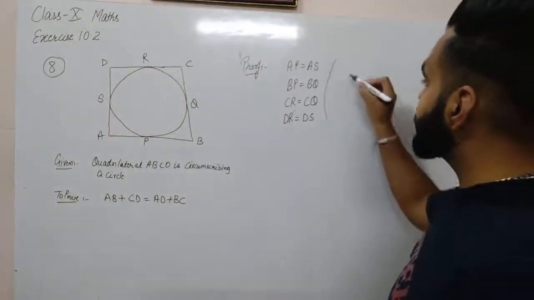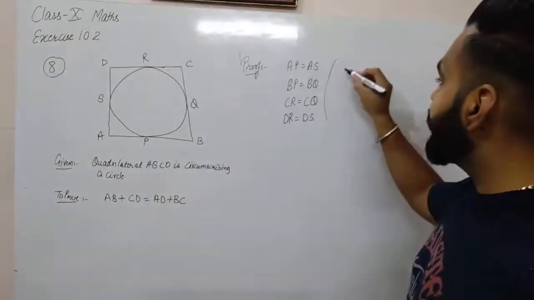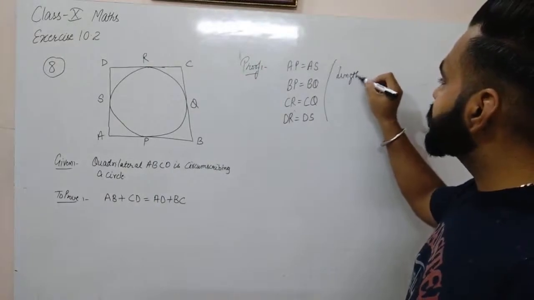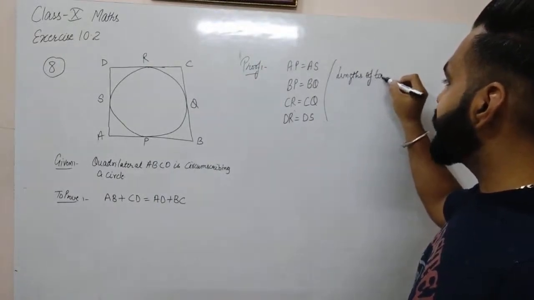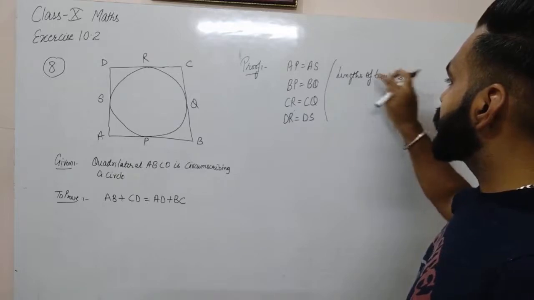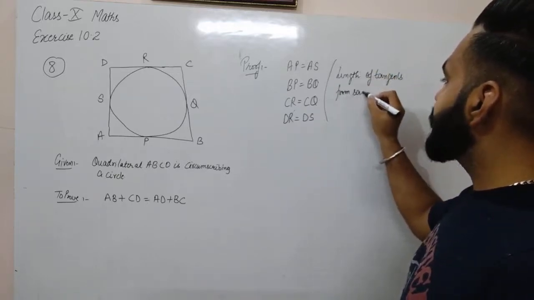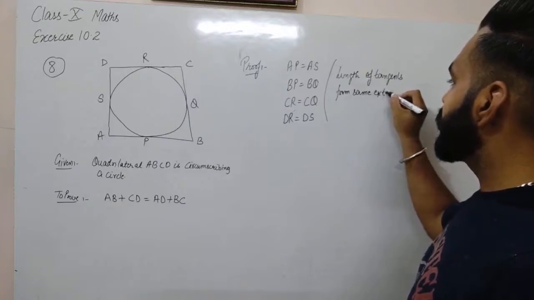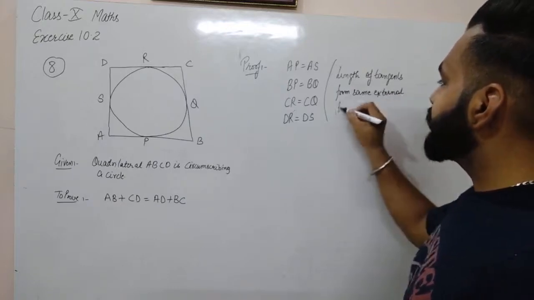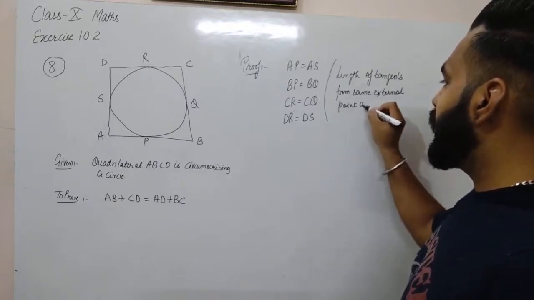So the reason for all of these parts will be lengths of tangents from the same external point are equal.